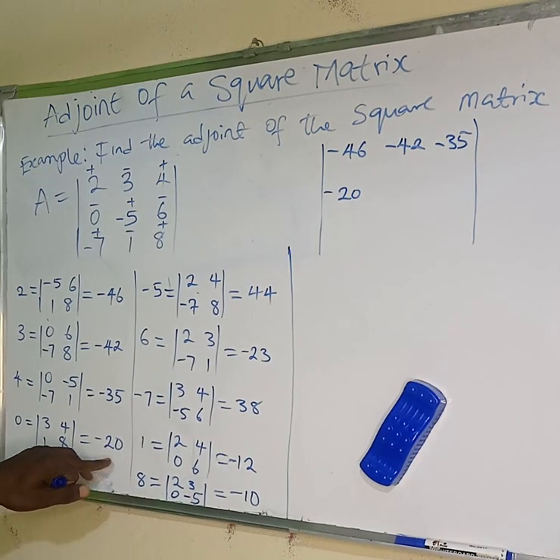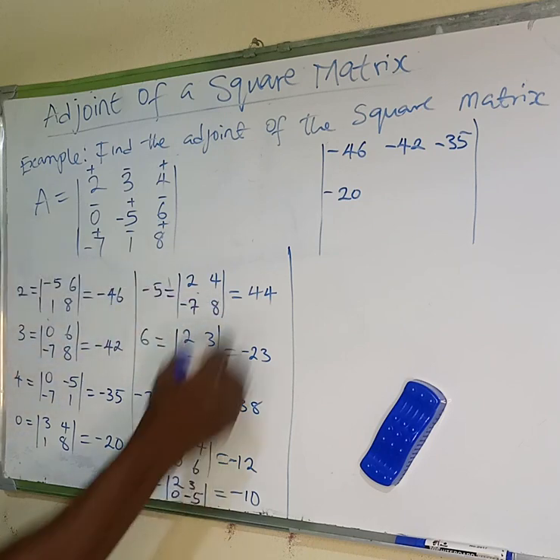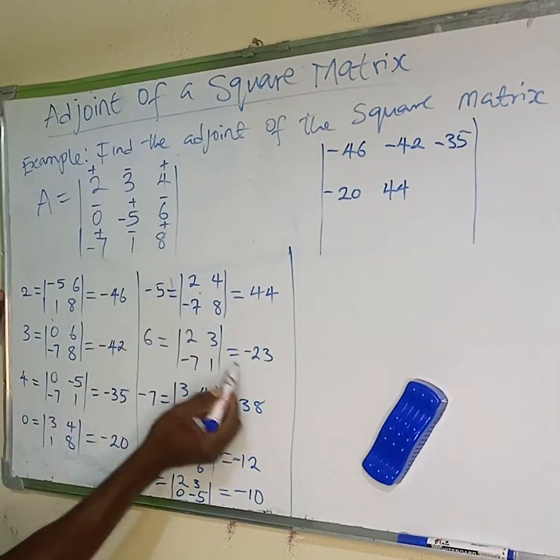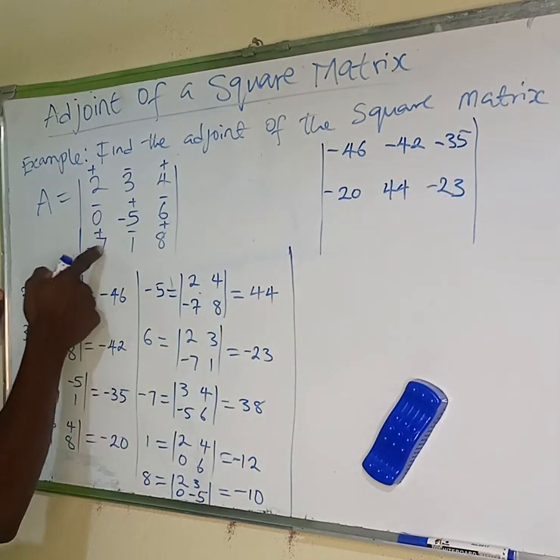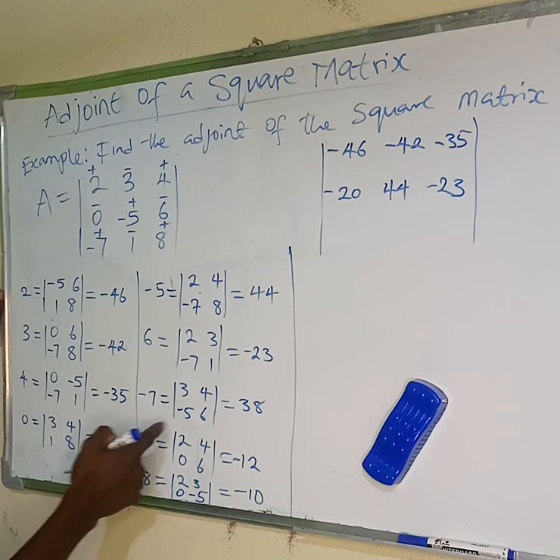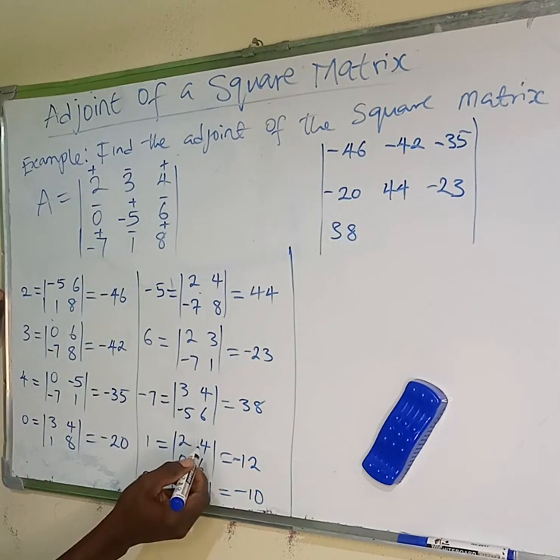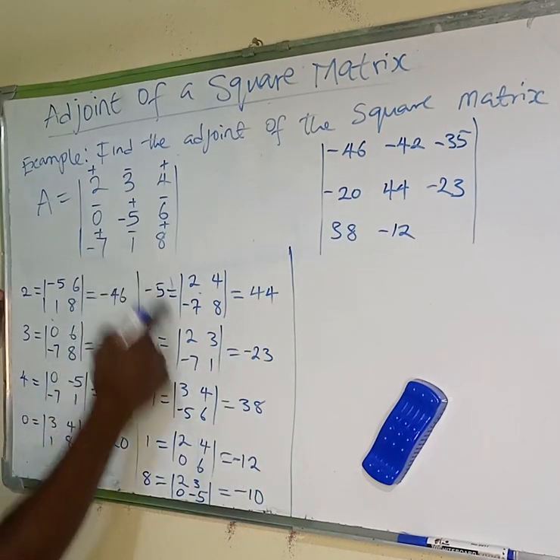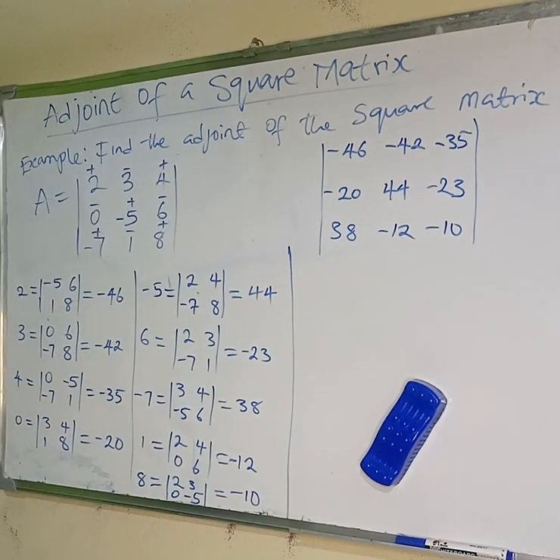Instead of 5, 44. Instead of 6, negative 23. Instead of negative 7, 38. Instead of 1, negative 12. And instead of 8, negative 10. Now we have formed our matrix of cofactors.